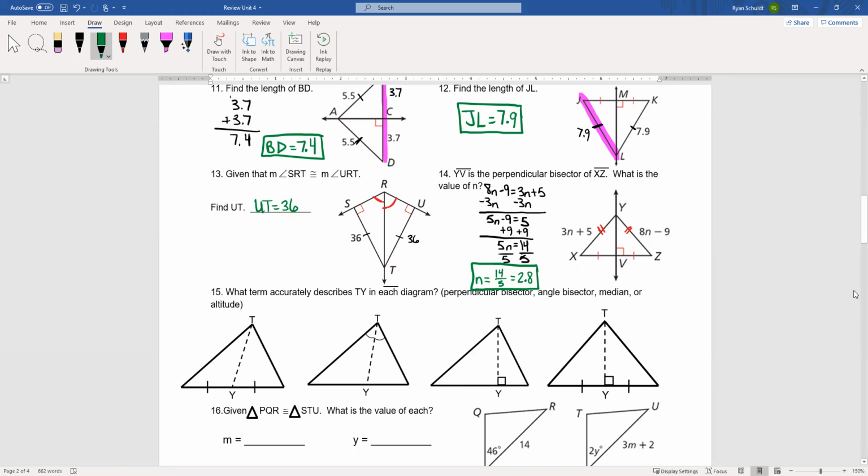Yeah, for 15, they ask us which term accurately describes TY in each diagram. So perpendicular bisector, well, let's find that one. Which one of our diagrams is a perpendicular bisector? Remember, bisector means it cuts something in half.